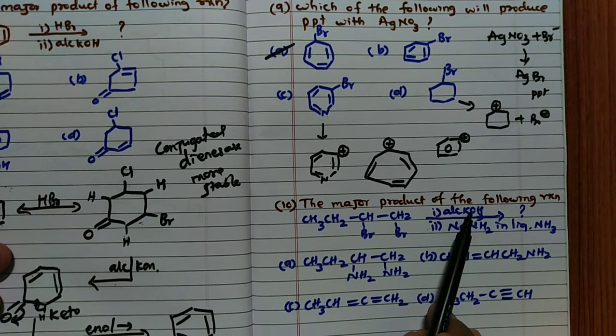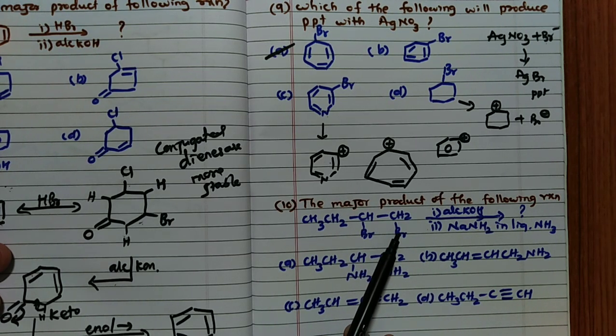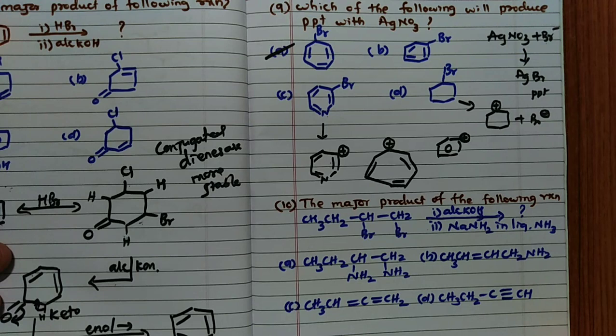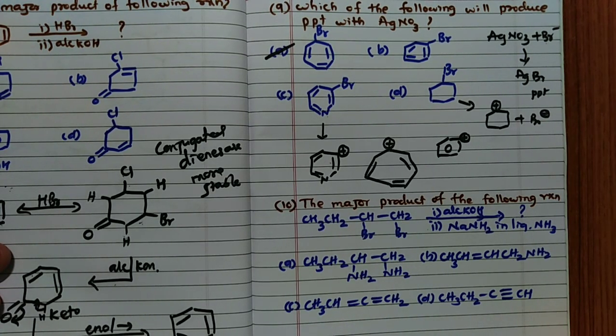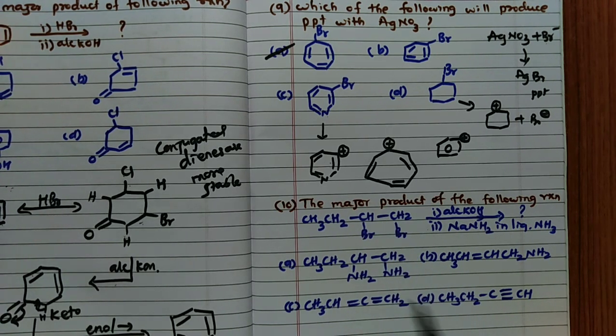So first, with alcoholic KOH, Br from here, H from here we will remove. We will select this one only because according to Saytzeff's rule, this double bond is the more stable, more substituted one.